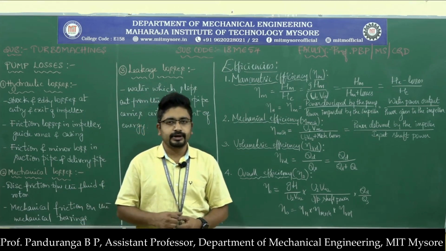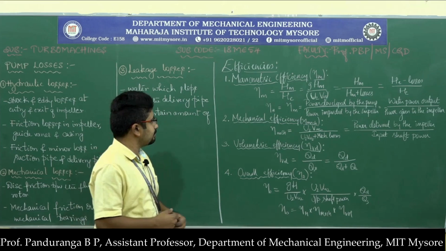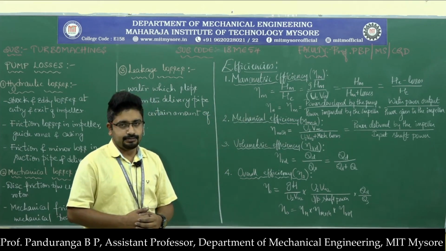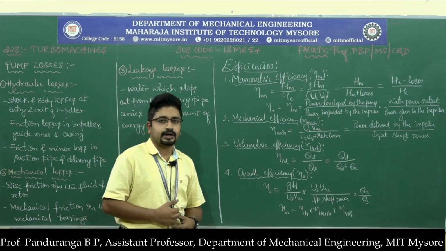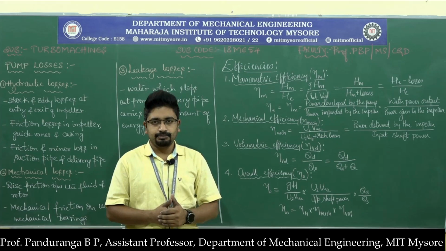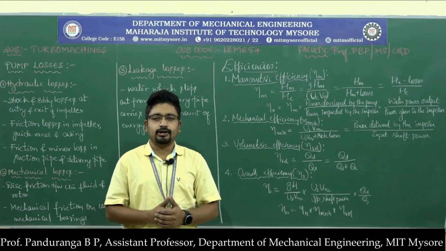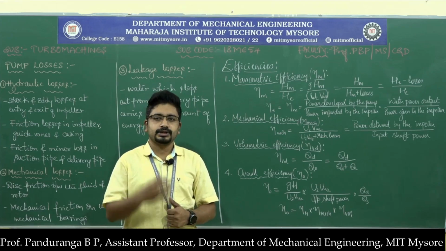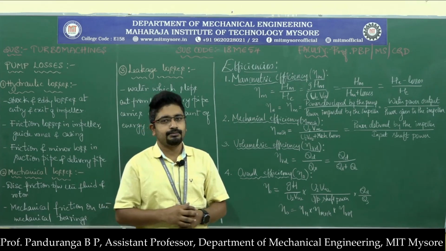Now let us see the different efficiencies of a centrifugal pump. The first one is the manometric efficiency, eta m. We all know that manometric head includes the actual head developed by the pump, plus the losses which occur in the suction side as well as the delivery side of the pump.